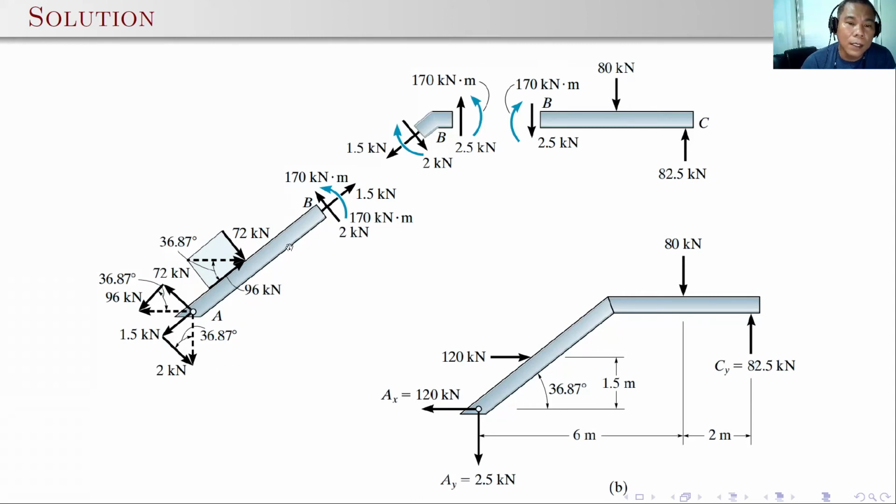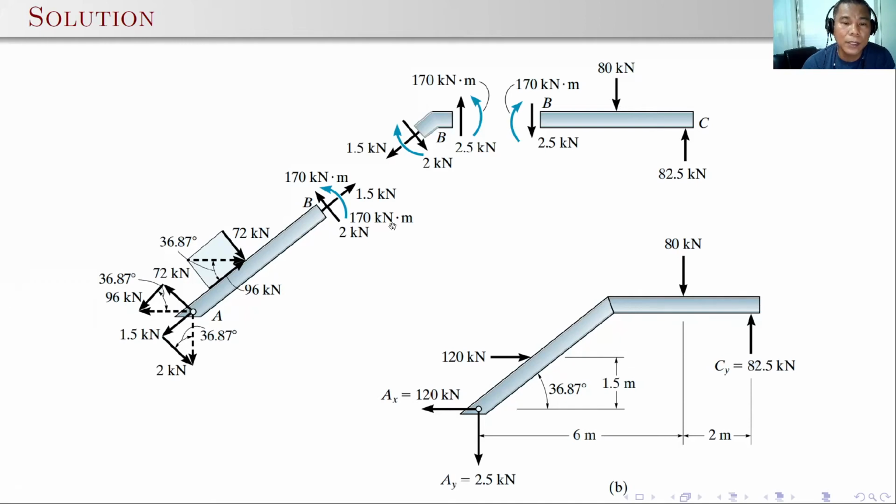And then you can just compute for the equilibrium forces at point B. Here we have 1.5 kilonewton axial, shear 2 kilonewton, and a bending of 170. This should be transferred on the other side, or to the joint, using these values, and then transferred on the other side here, and then on segment BC.